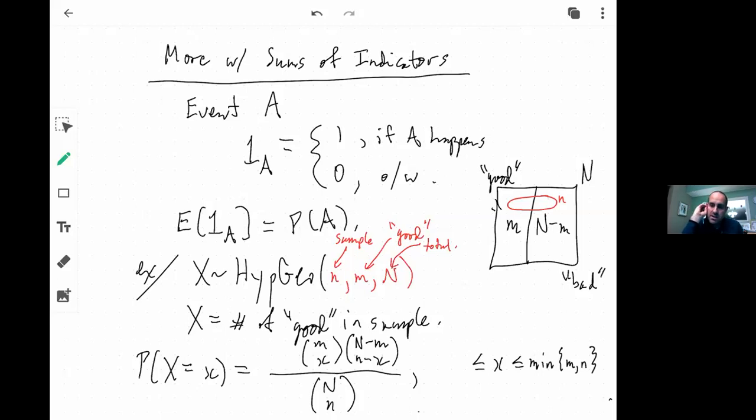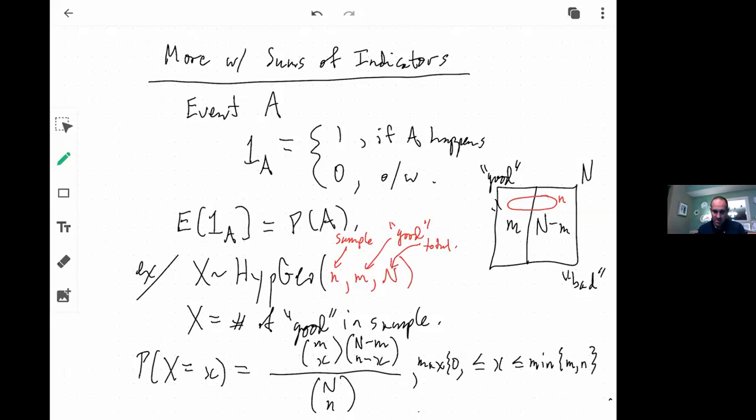So if n is bigger than or equal to big N minus m, then I would have to take the remainder from the good side, and that's the smallest that x could be. So what is x bigger than or equal to? Well, it's bigger than or equal to the max of 0 and n minus the quantity big N minus m.